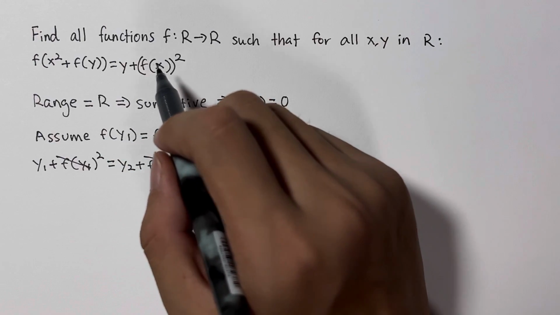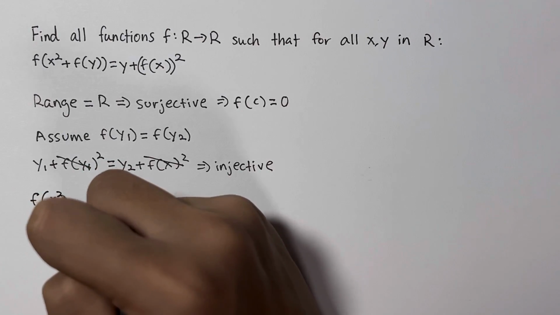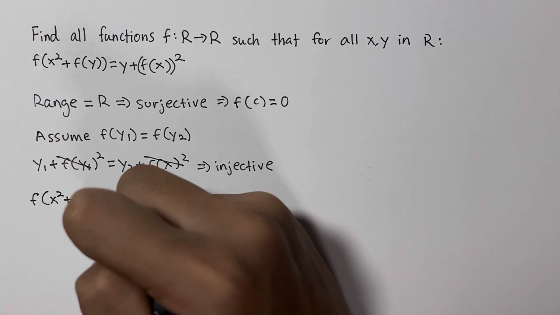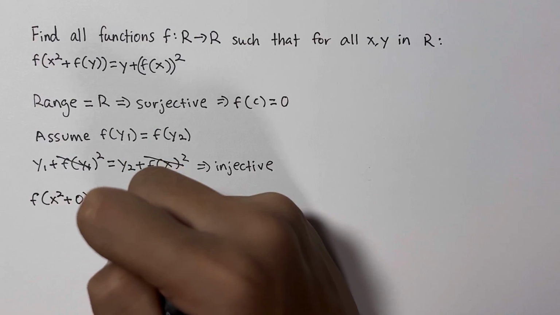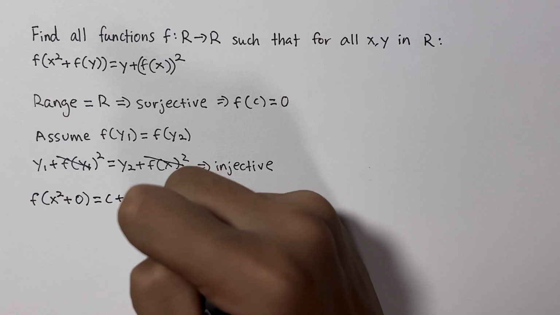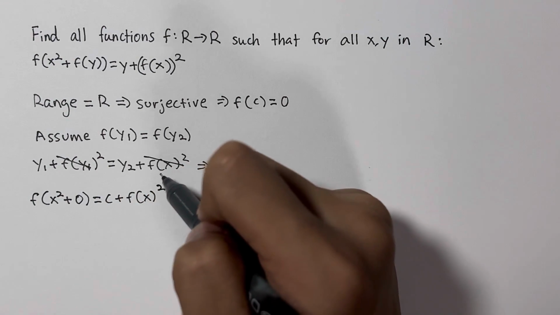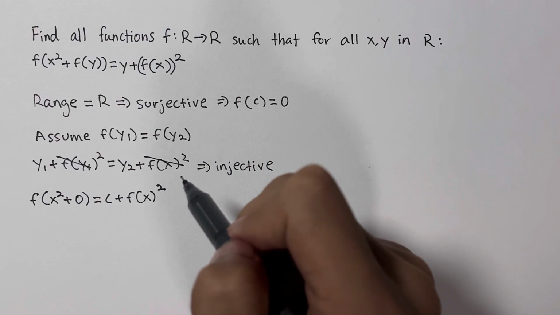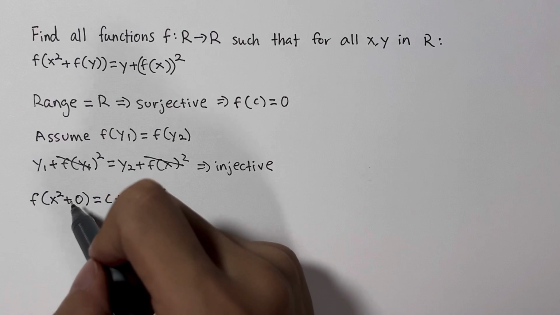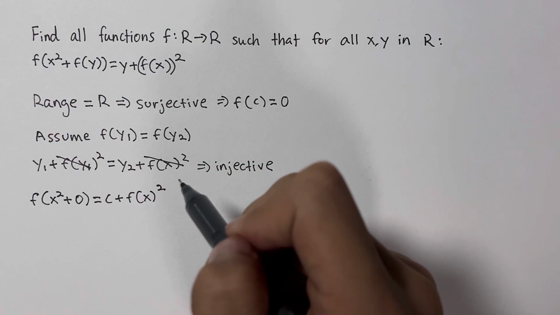So f of (x squared plus 0) equals c plus (f of x) squared. This gives us a new useful relation: f of x squared equals c plus (f of x) squared.